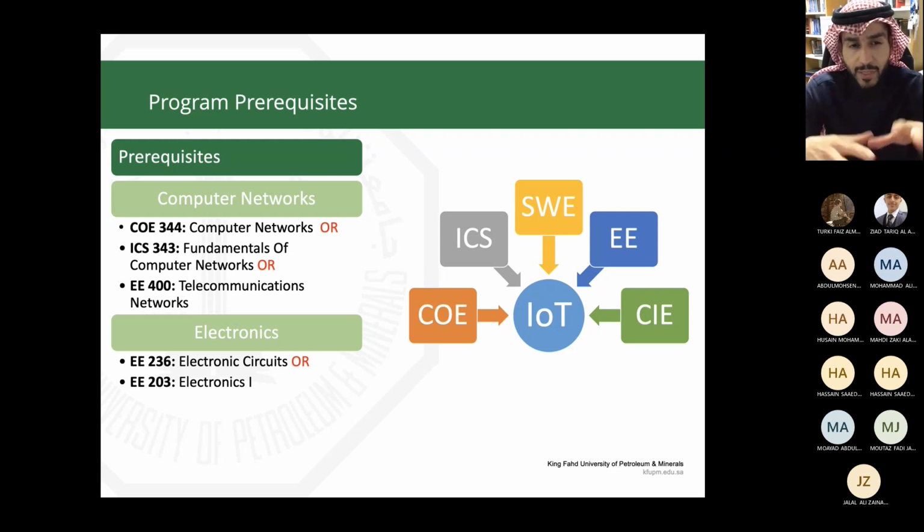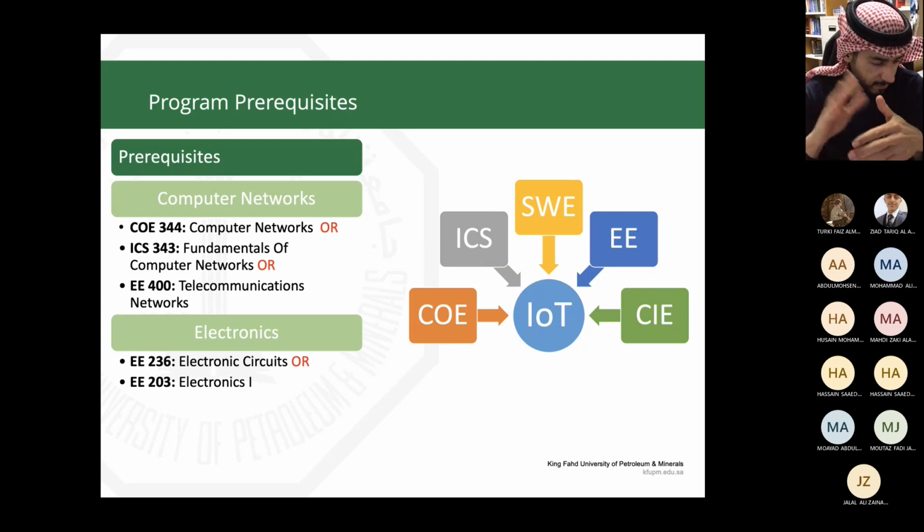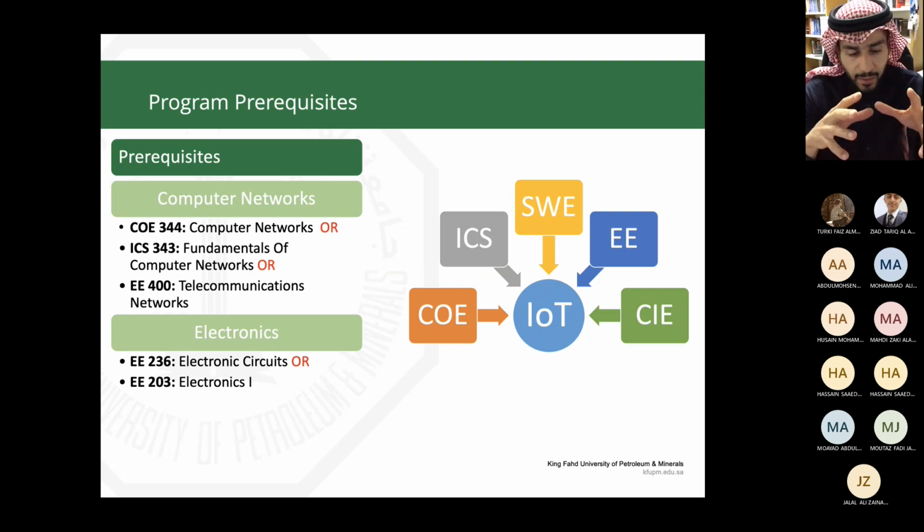The existing companies do need knowledge in IoT. For example, a lot of our giant companies like Aramco and SABIC and the Saudi Electricity Company have digital transformation projects in their factories and companies, and they need IoT specialists.